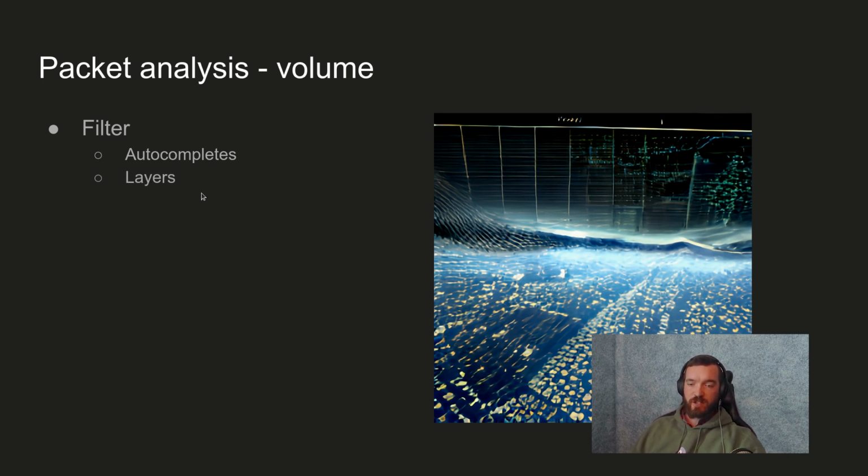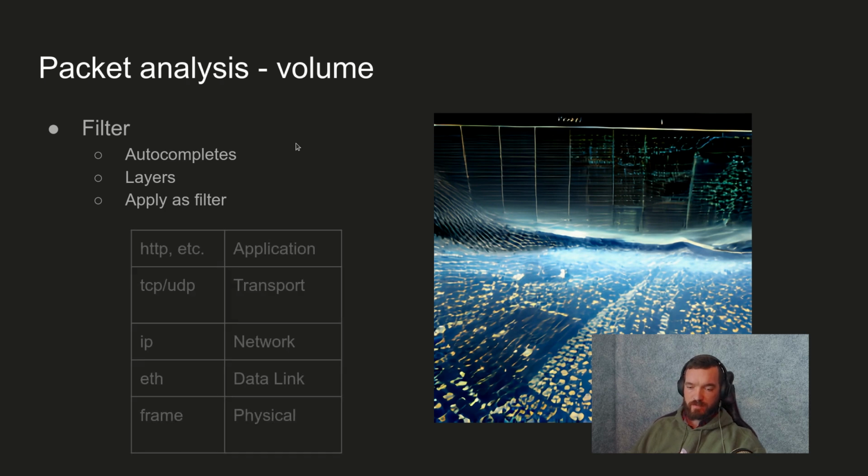And a lot of these filters are going to be based on layers. You can also click on something and apply it as a filter, which can give you hints about how to write filters a little bit more. So for the application layer, HTTP, etc., there are a lot of different application layer filters you can apply.